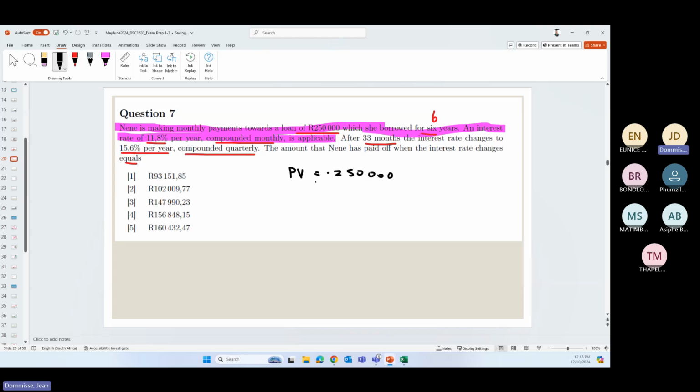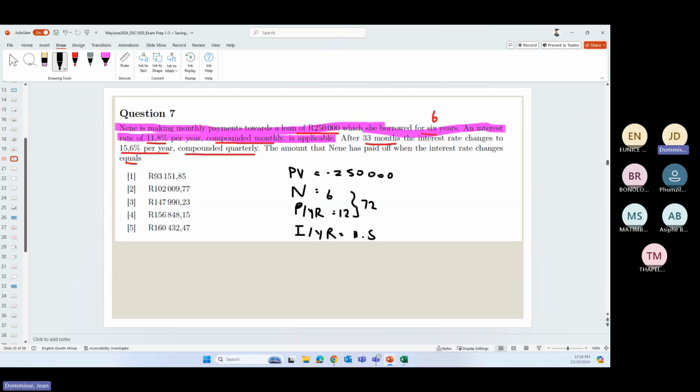She borrowed it for 6 years at 12 times a year, so for 72 periods, and the interest rate at that stage was 11.8.